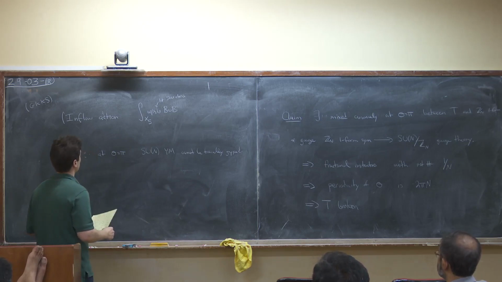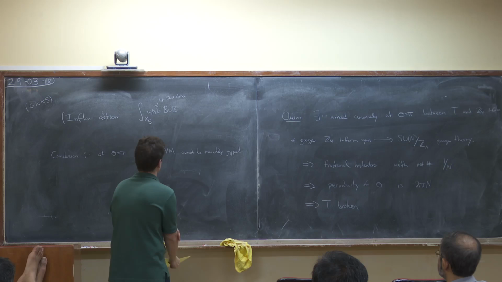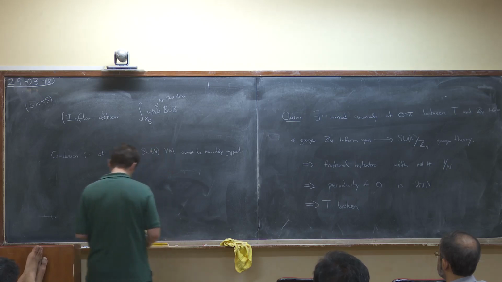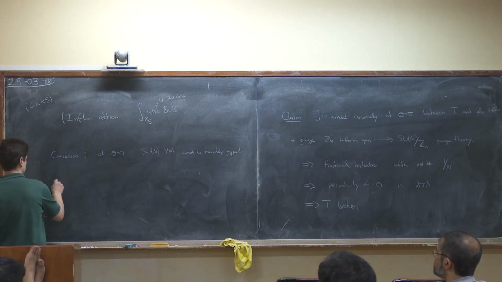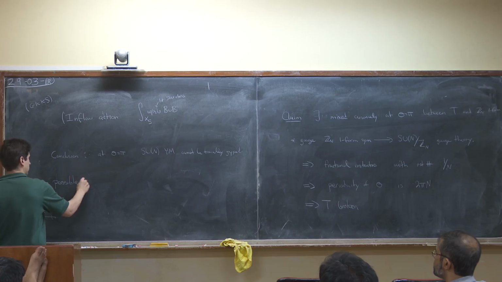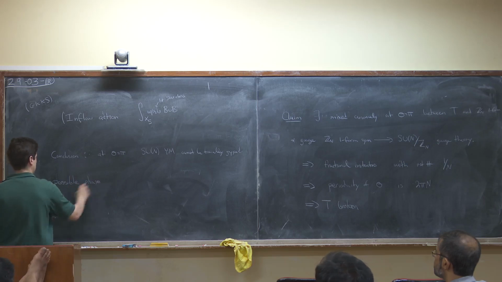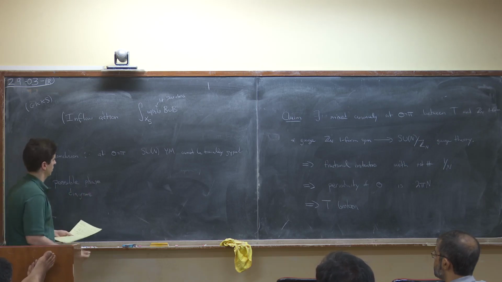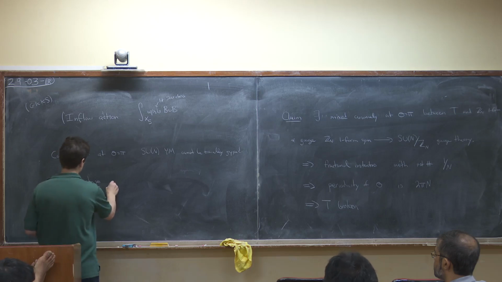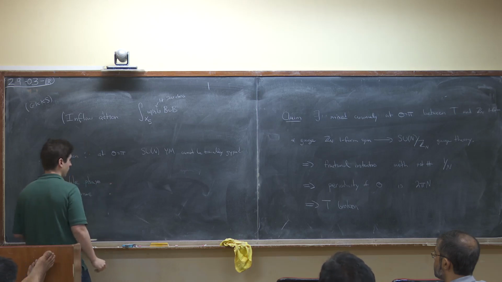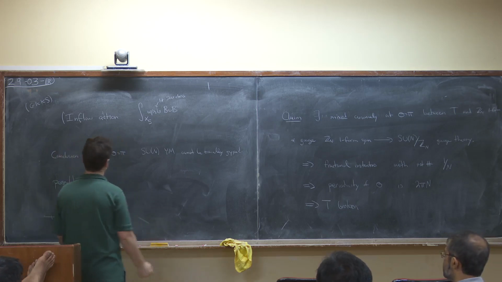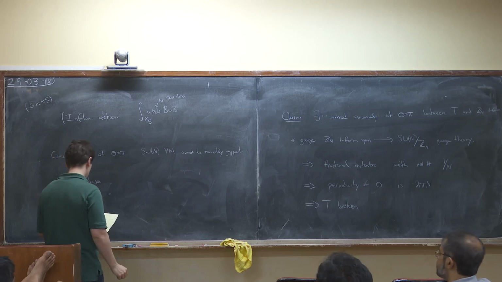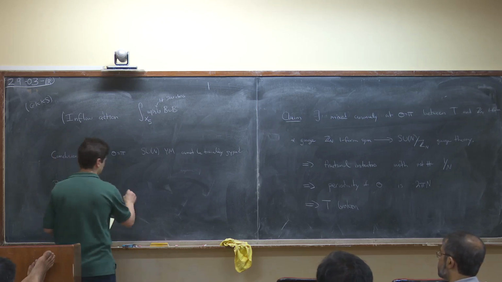Okay, so now let's conclude by discussing some possible phase diagrams. This will involve us making some speculative assumptions. How can we match this anomaly? In the infrared, we know that anomalies have to match. We found an anomaly, so the infrared has to have it. There are, roughly speaking, two possibilities.